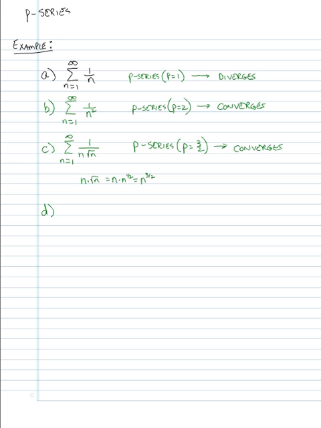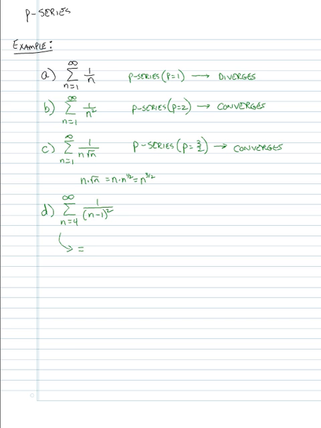Let's look at this one. The sum from n equal 4 to infinity of 1 over n minus 1 squared. Here we have the same kind of problem that we don't recognize right away, and that's understandable. It kind of looks like a p-series, but obviously things are not quite the same.